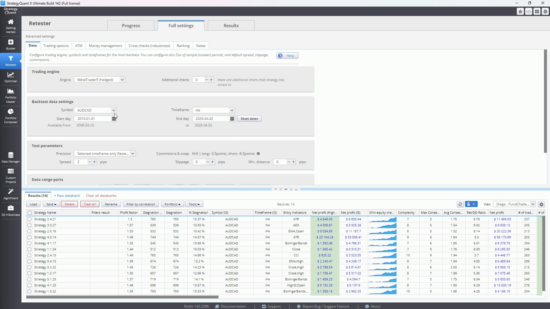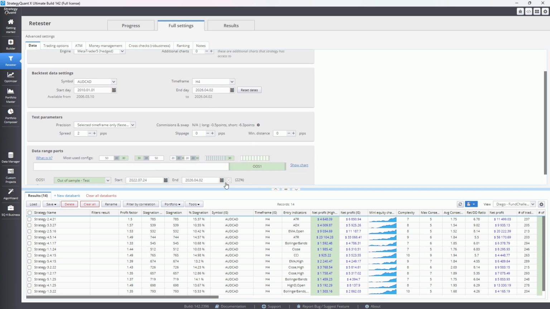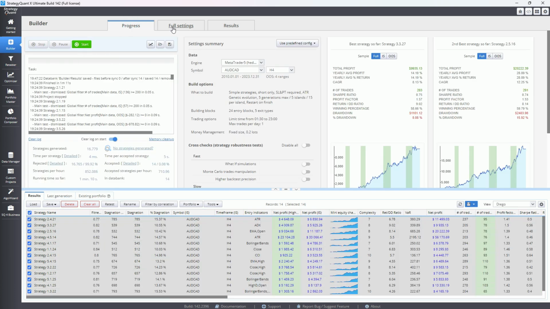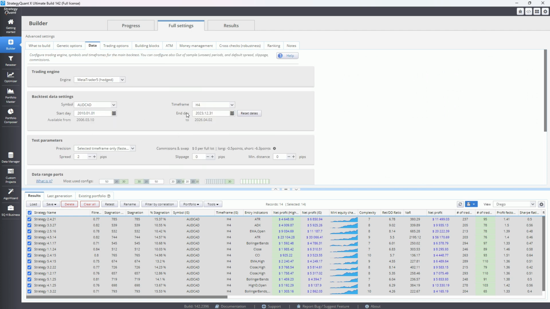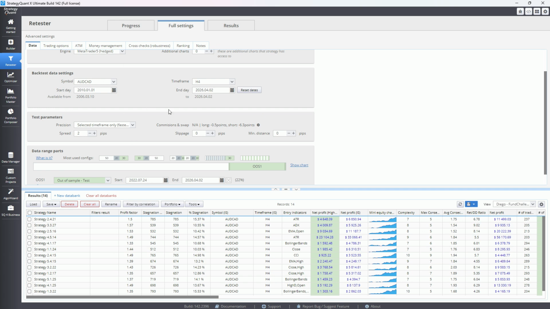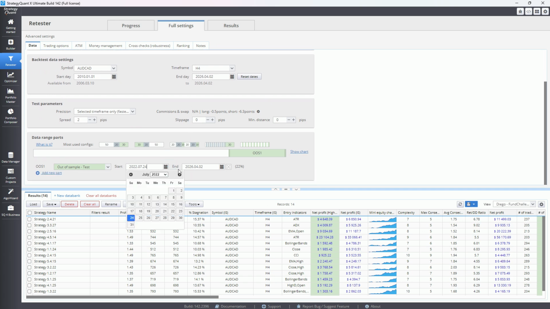As you see the data, this time I'm going to set the end of April from, let's say, remember when we built the strategy, it was data from 2010 until the end of 2023. So this time we are going to use the end of sample, end of 2023, 31 of December or 1st of January of 2024.